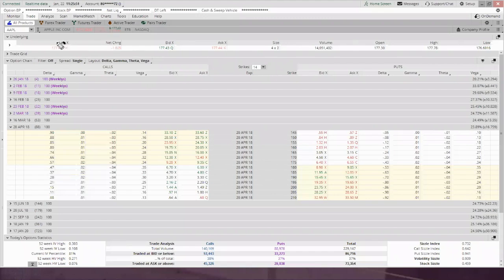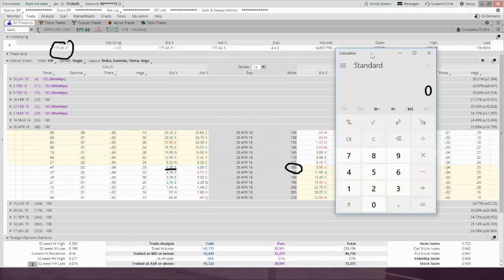As we said, Apple's trading 177. The 180 call is trading at 6.70. Now, if we bring up a calculator, I take 180 minus 177.44, it's 2.56.